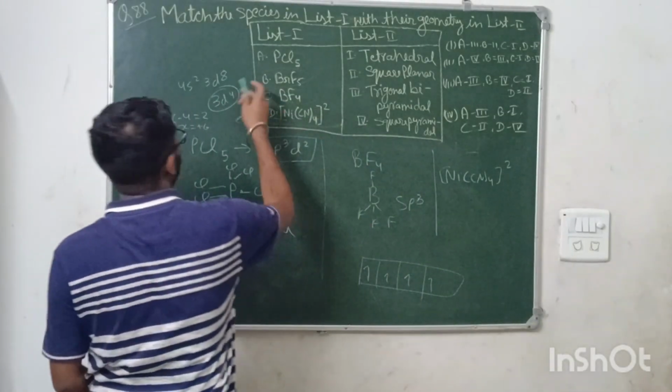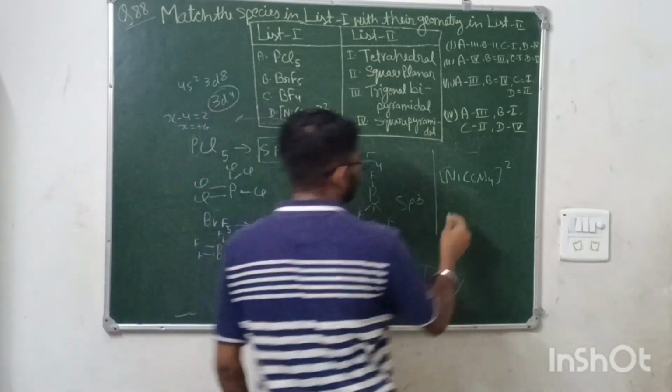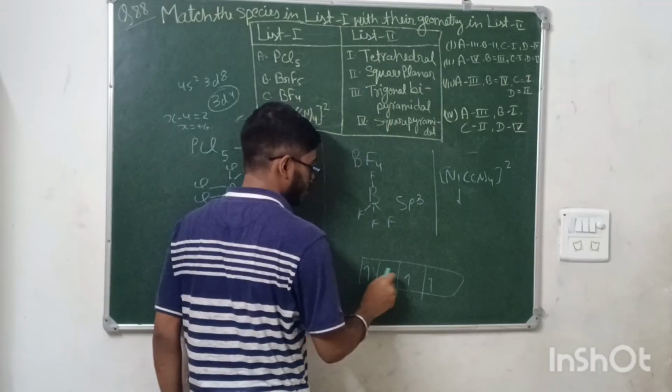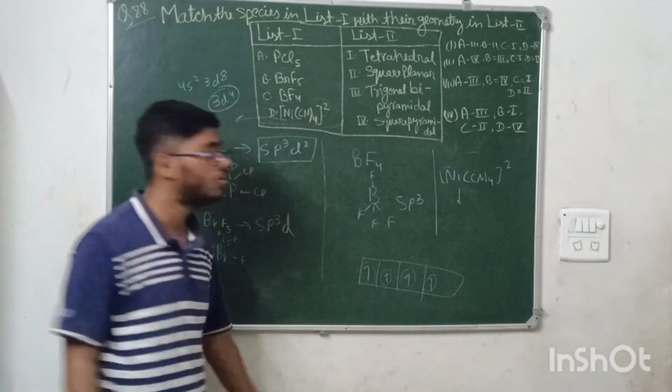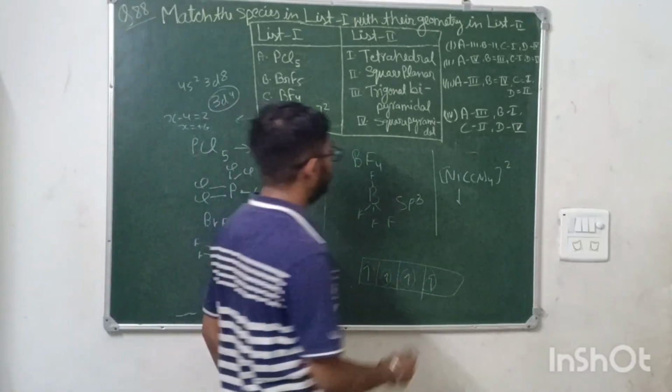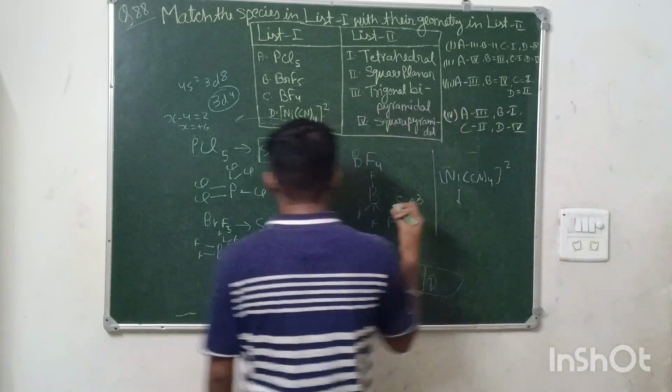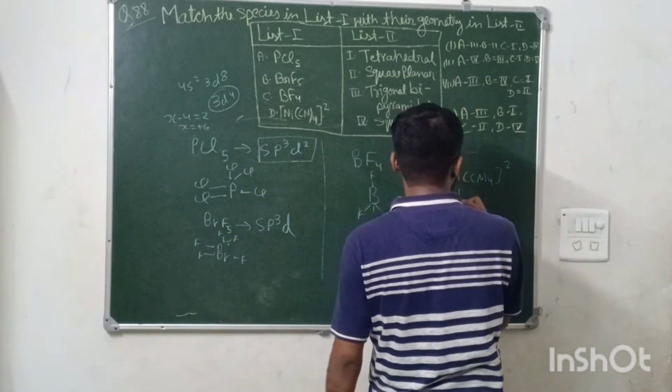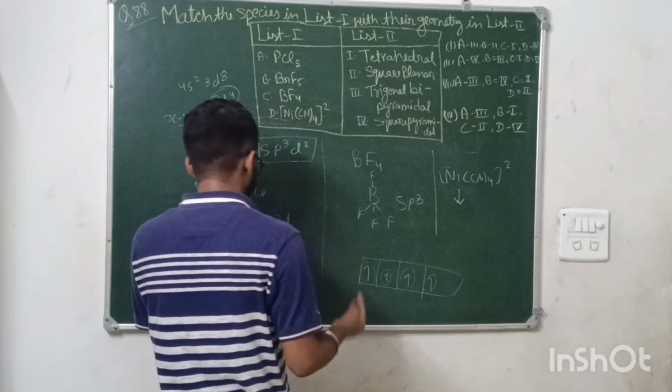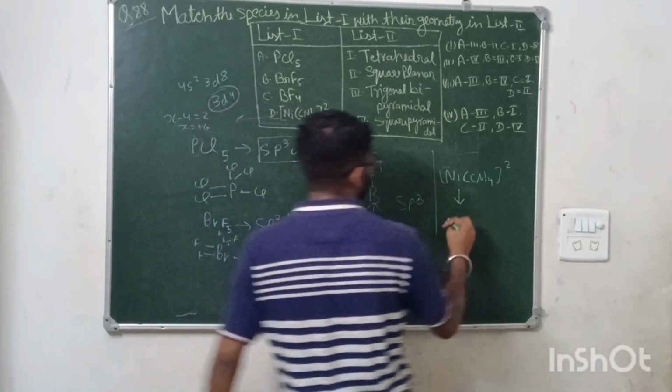So here 2. So the shape of this, here it has 4 valence electrons. So the shape is what? It has the shape of square pyramidal, and the basic configuration of this is what? dsp2.